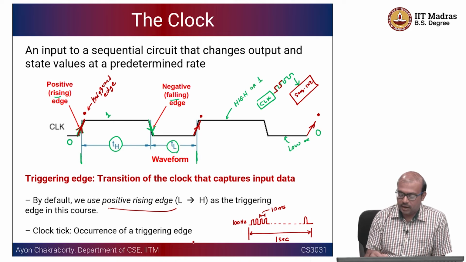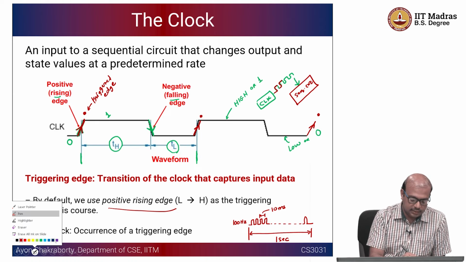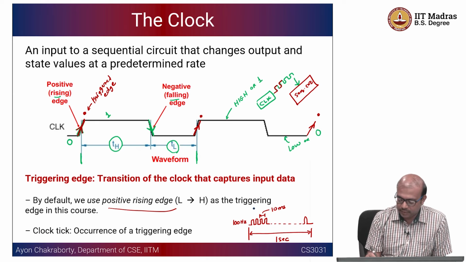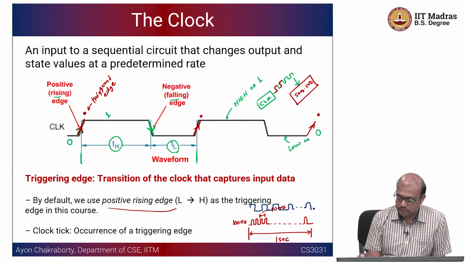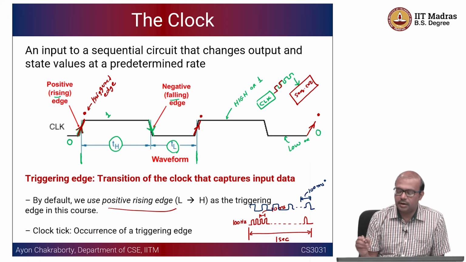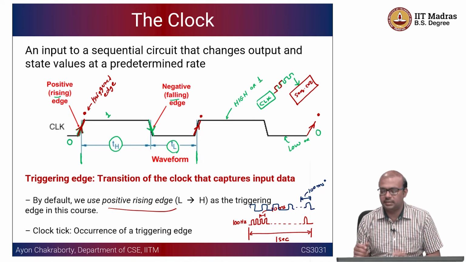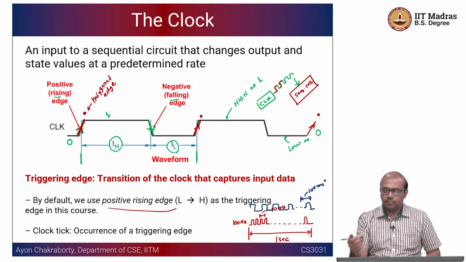If you have a circuit operating at, let's say, 10 hertz, this will be more relaxed. You'll have 10 occurrences like this, so each one is going to be 100 milliseconds. 100 milliseconds multiplied by 10 is equal to 1 second. That is how we are getting this.